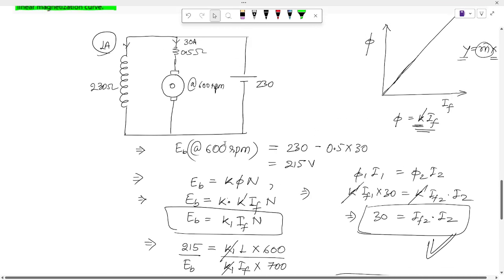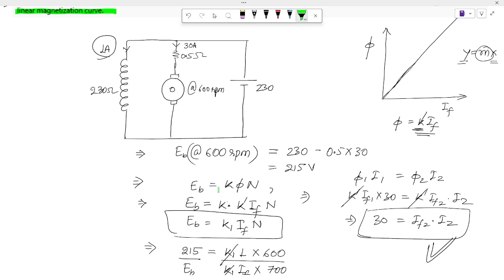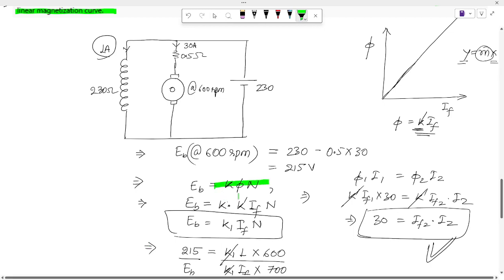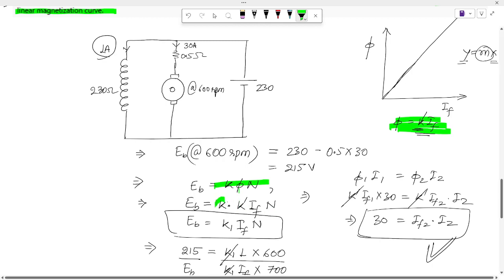From there we know Eb is related to k phi N. Now I have replaced phi by some constant k dash IF. Because this is linear, I wrote k equals k dash IF into N. This is also a constant, another constant, I multiplied them together and gave them as k1.